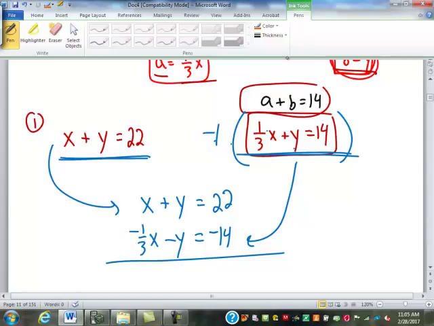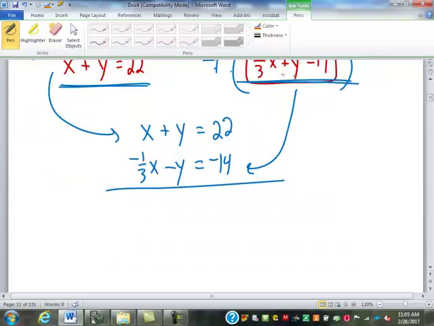Remember, we needed to get one of the variables to disappear. Right now, will one of our variables disappear? Yes, the y will. So I've got x and a -1/3 x. What's 1 plus -1/3? That'd be 2/3 x. Y and -y cancel out. 22 and -14 is 8.